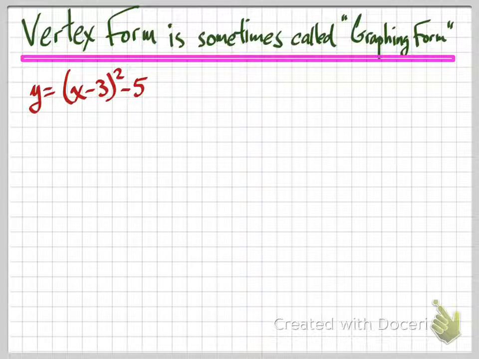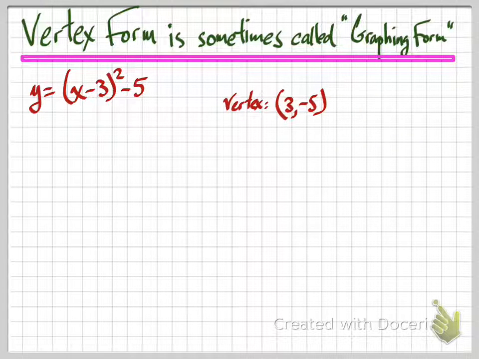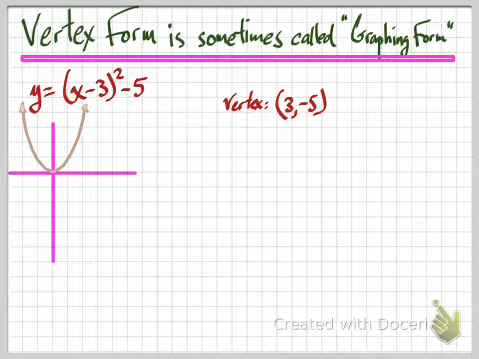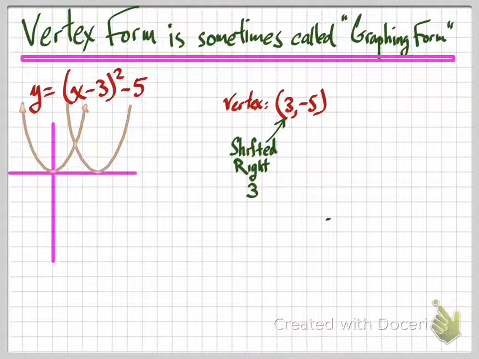Let's say you've got a parabola y equals x minus 3 squared minus 5, and that vertex there is at positive 3, -5. Okay, well, we can think of that as the equation of a parabola, but let's think of it in a slightly different way. If we think of a parabola that has not been moved around at all, in other words, just a plain old y equals x squared parabola, like that, x minus 3 inside the parentheses there means that the graph has been shifted to the right 3 units.